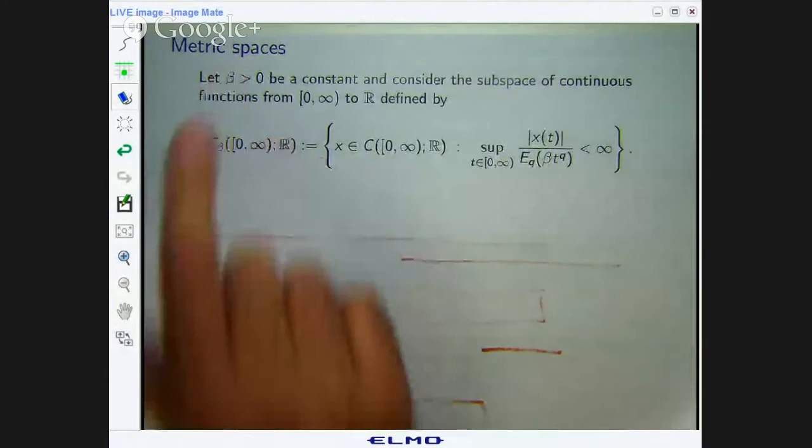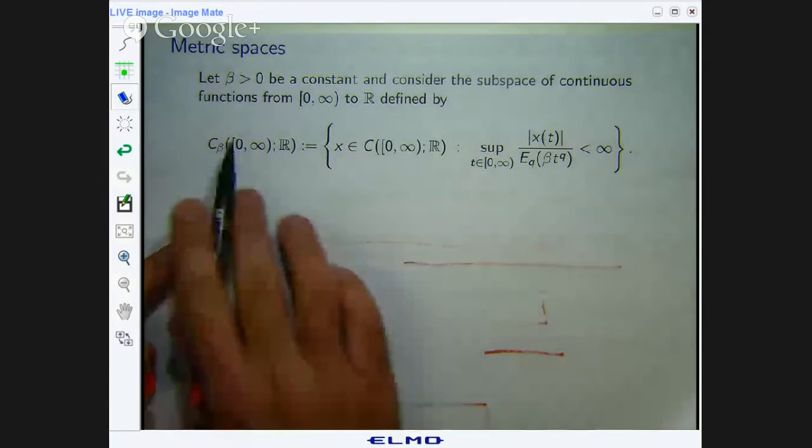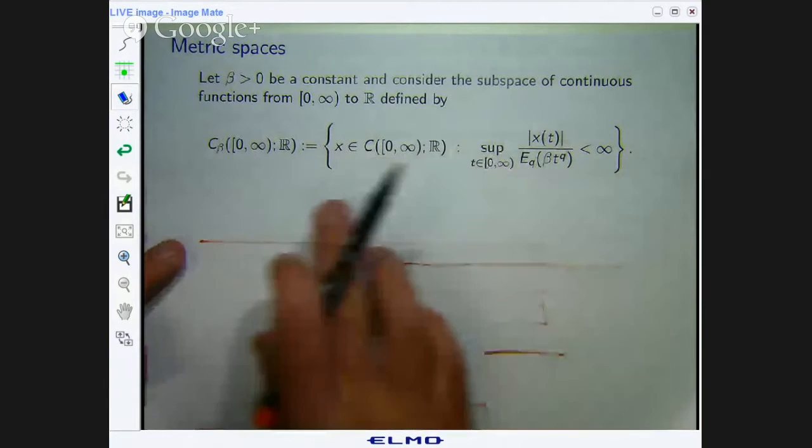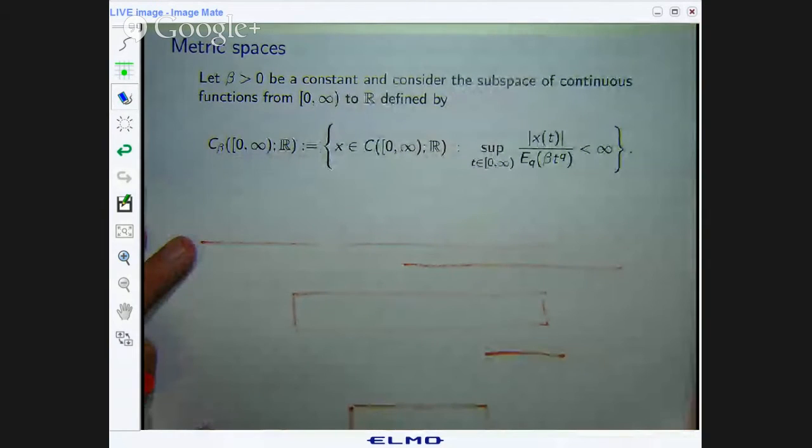Now, metric spaces are absolutely awesome. I love them. They basically just combine a set with a way of measuring distance between points in that set. This set here is going to play a very important role because it's going to be the set of solutions that relate to our original problem.